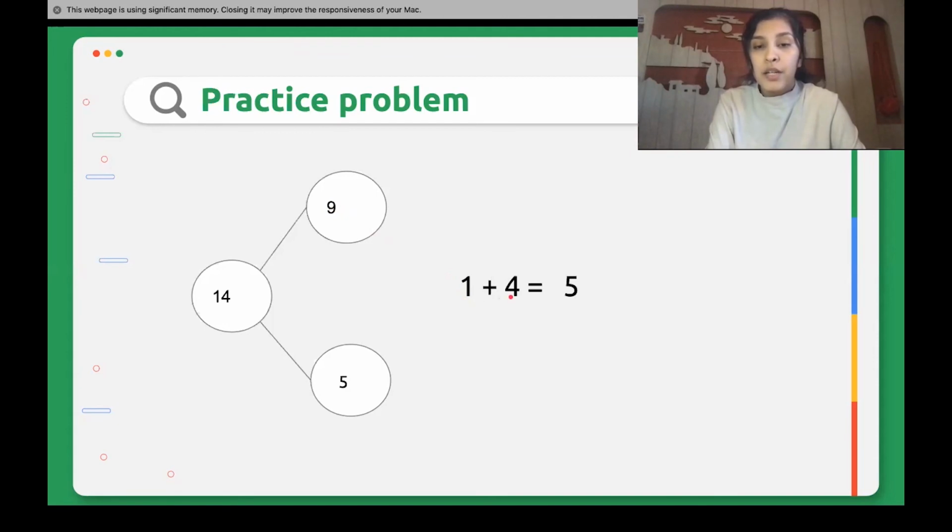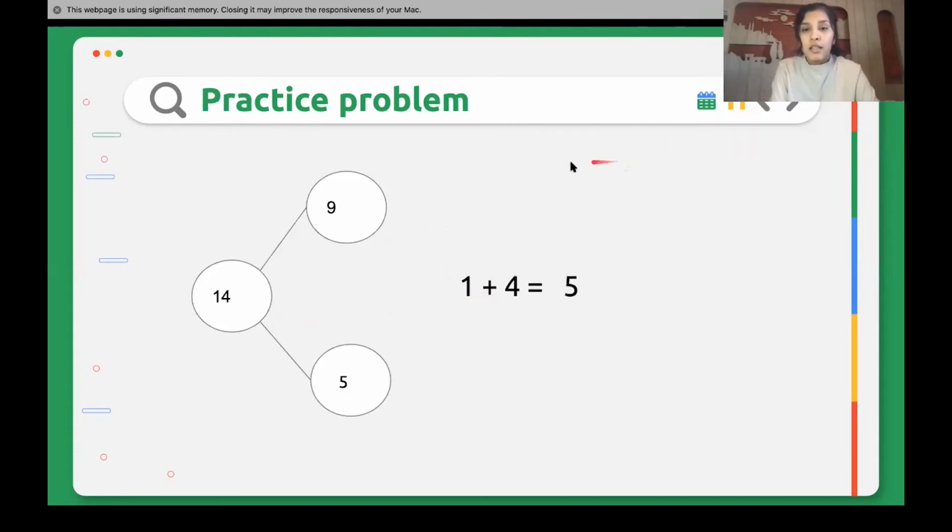And 10 plus 4 equals 14. It's kind of difficult and challenging. So you don't have to worry about this so much. It's just so that we can see the connection between the number bonds. Okay? So let's do one more and see if we get it more.